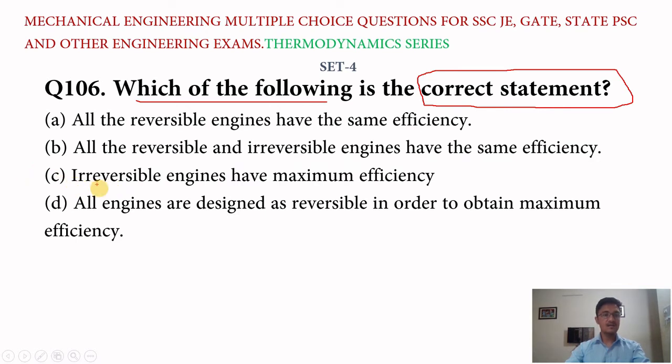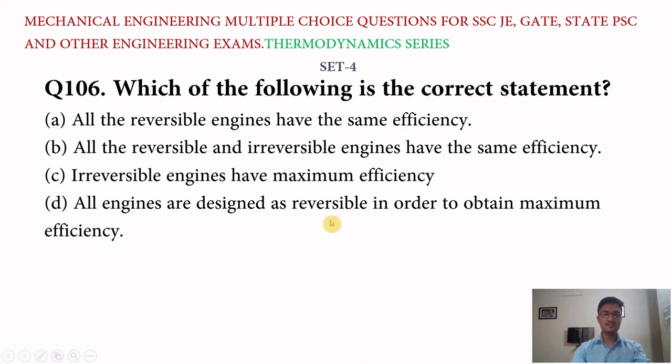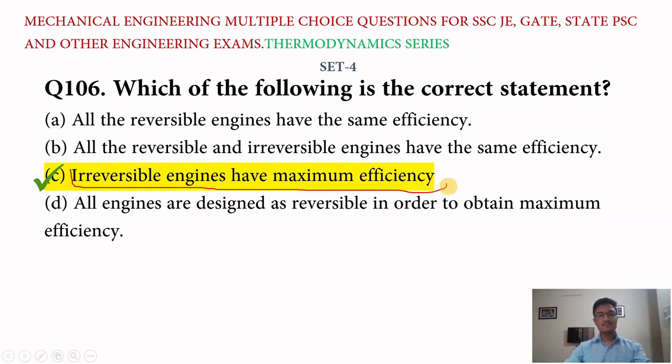Option C, irreversible engines have maximum efficiency. And option D, all engines are designed as reversible in order to obtain maximum efficiency. So the answer is C. The correct statement is irreversible engines have maximum efficiency. Next question.